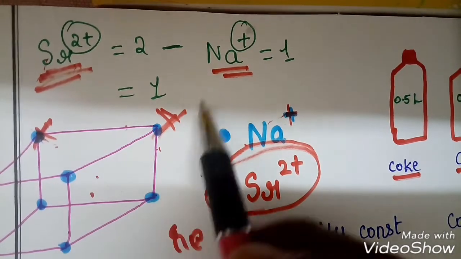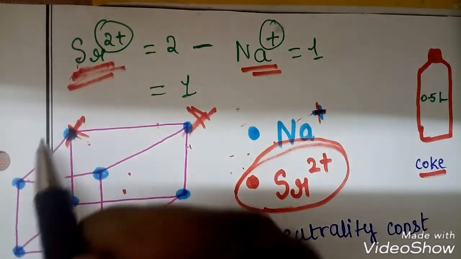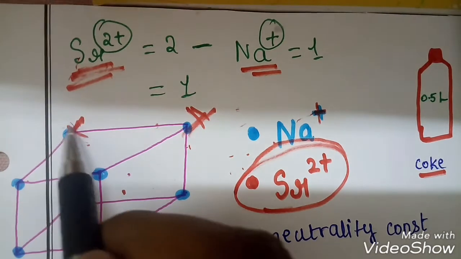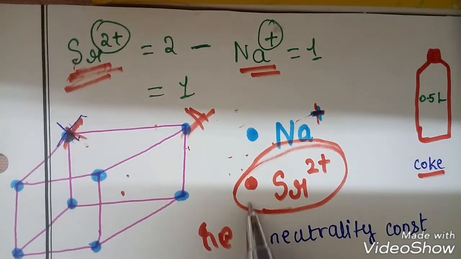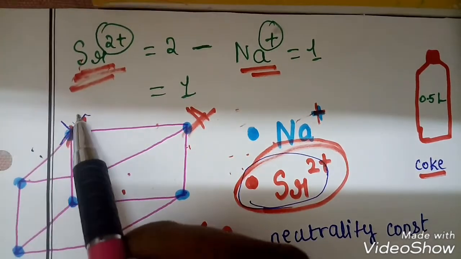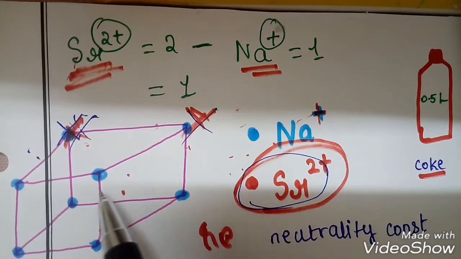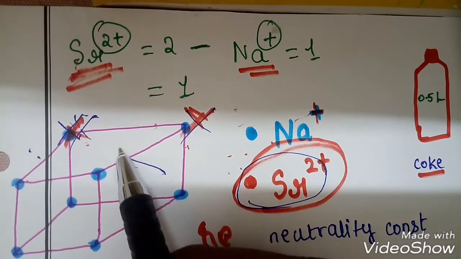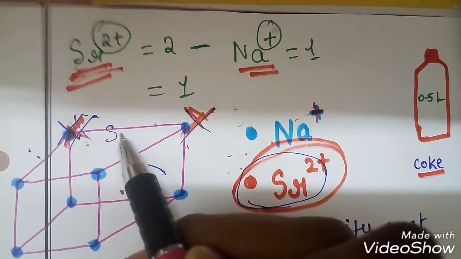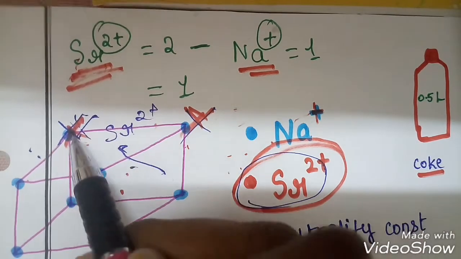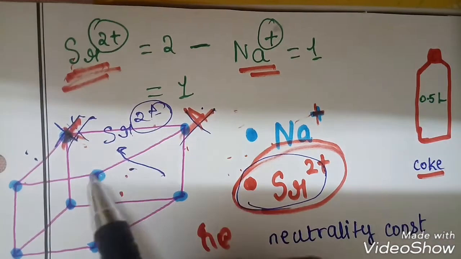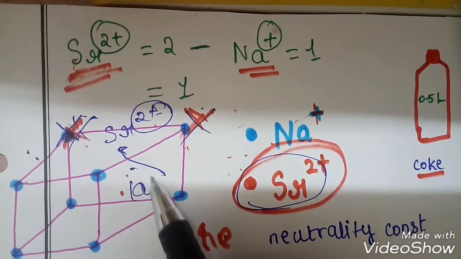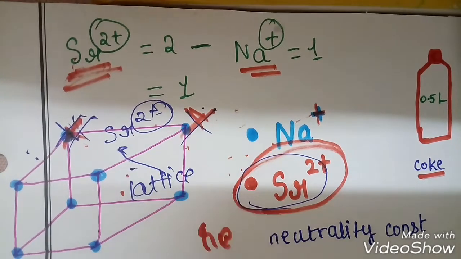In order to increase conductivity, you do doping. Everyone knows that. So I'll tell once again, to introduce 1 strontium ion, 2 ions of sodium have to be removed from the lattice and 1 strontium ion must be placed, so that 1 plus 1 is equal to 2 and the neutrality of the lattice is maintained. It's very easy to understand.